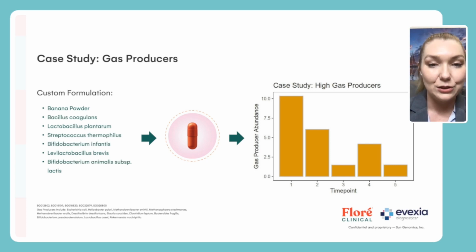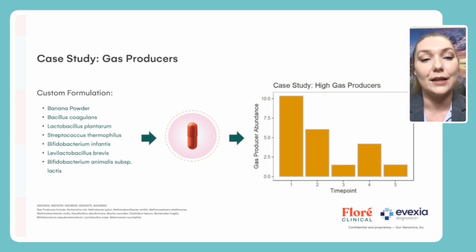In the graph on the right, at time point 1, that is the gas producer's abundance when the test was first taken. After we administered the custom probiotic, you can see that at each follow-up test, the gas producer's abundance changed significantly.